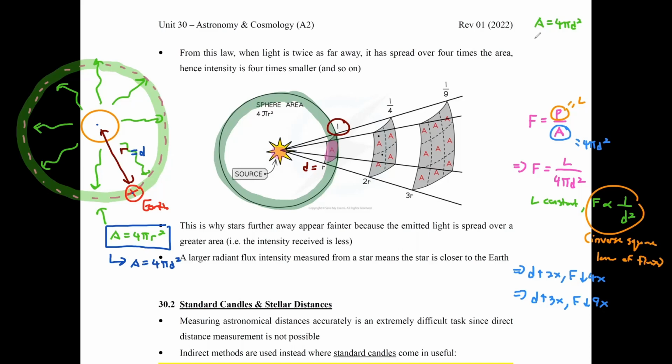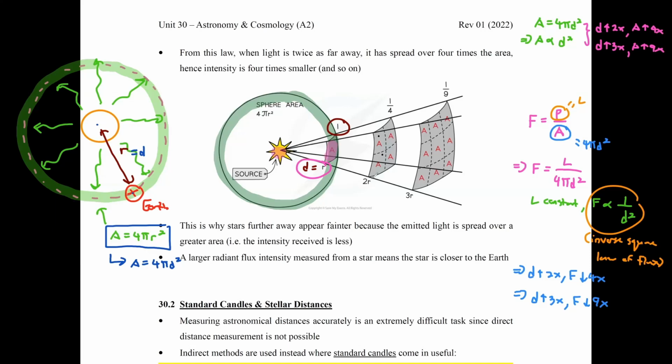If 4 pi is a constant here, this tells you that area is directly proportional to your distance squared. And from here, you can make a relation where if distance d increases by 2 times, area increases by 4 times, whereas when distance increases by 3 times, area increases by 9 times.